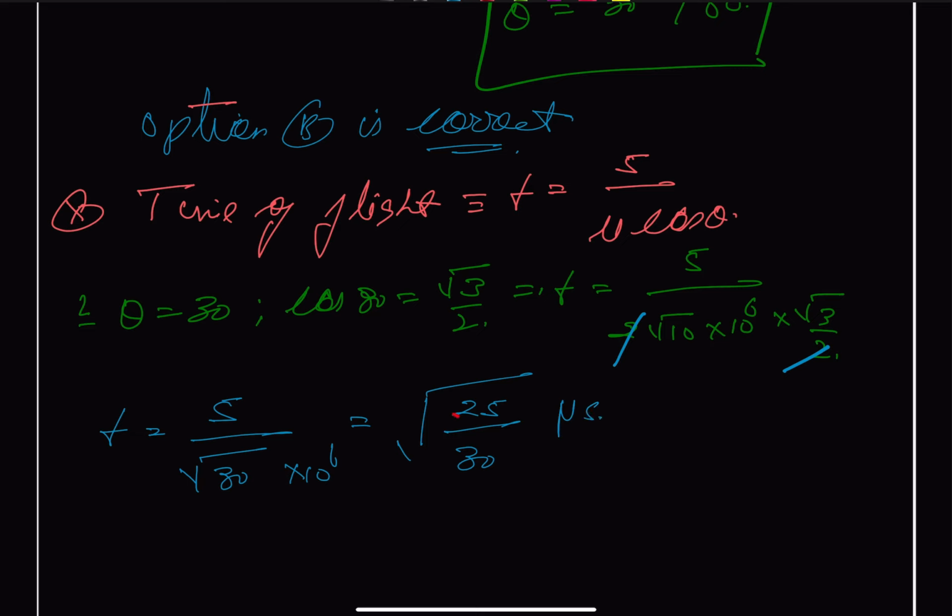So here this goes by 5 and goes by 6, which comes as square root of 5 upon 6 microsecond.